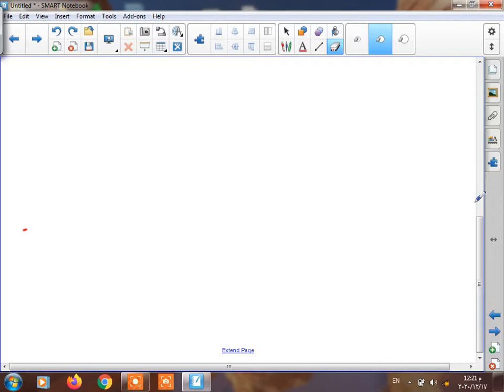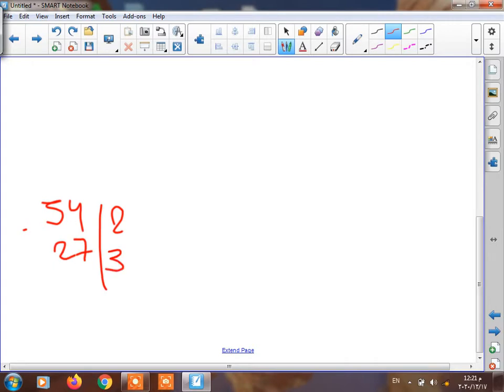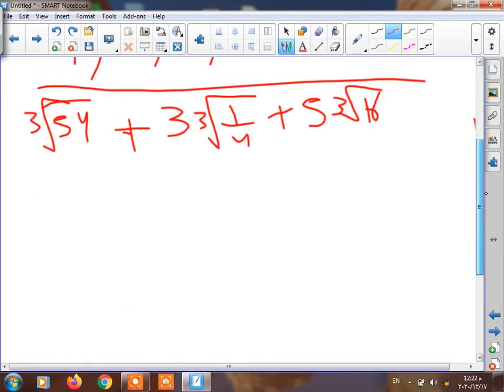So we have the simplest form of 54. Here again 54, divide by 2 equal 27, divide by 3 equal 9, divide by 3 equal 3, divide by 3 equal 1. So the simplest form of cubic root 54 is 3 cubic root 2.